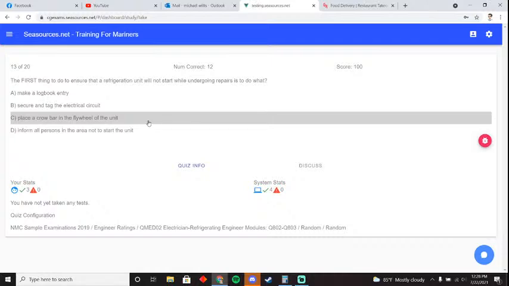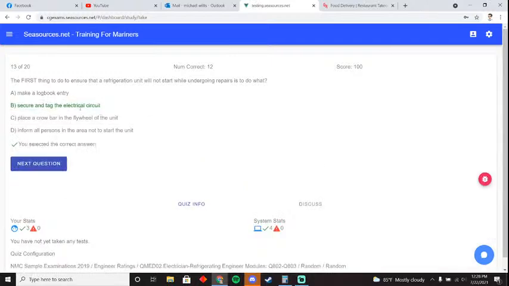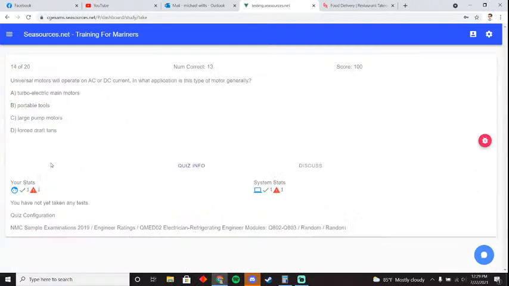I can't state this enough. You have to secure and tag out the electrical circuit. There's no getting around that. If you work on machinery and you don't tag it out, you're gonna have a bad day. Just saying.